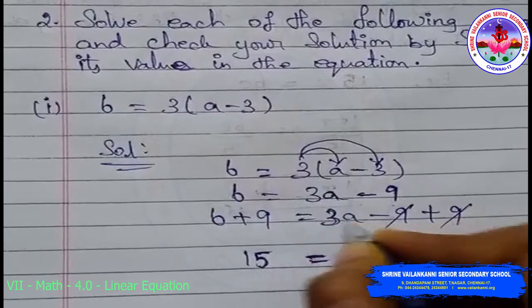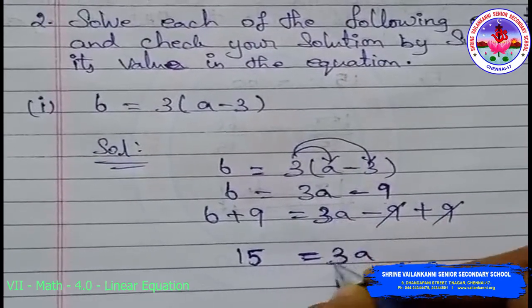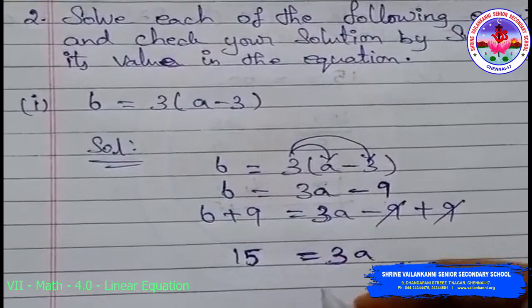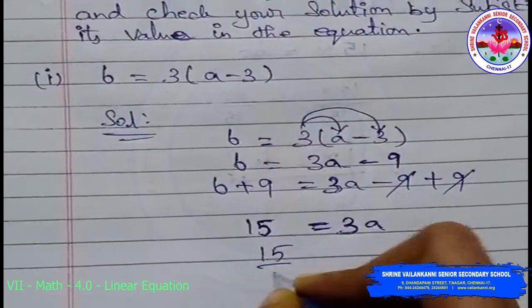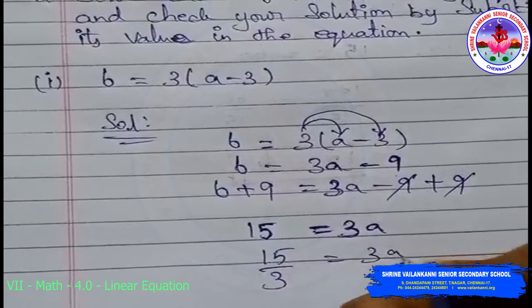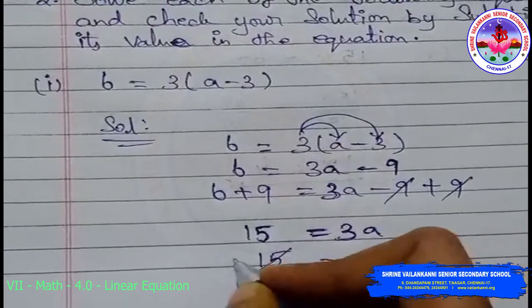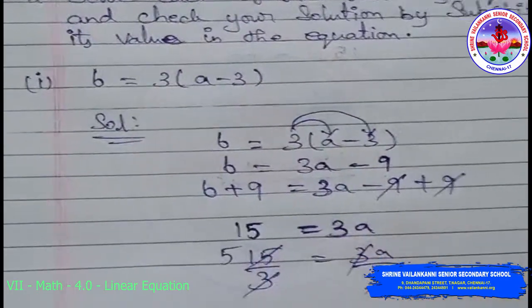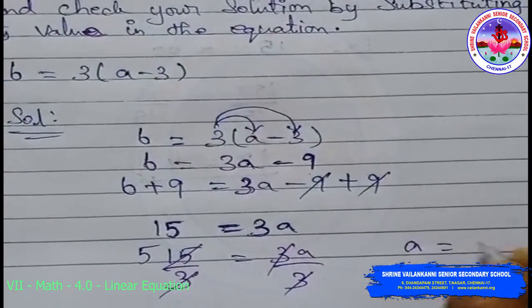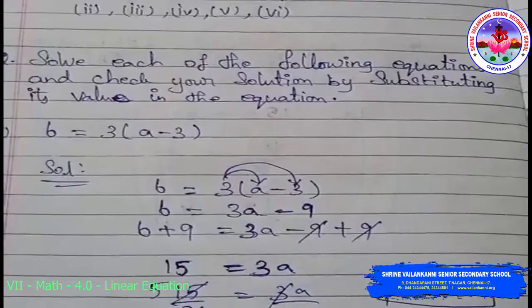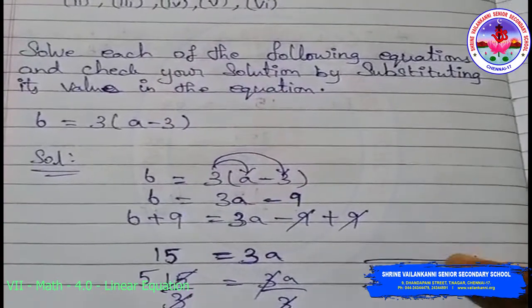Here 3a, so you can cancel out the 3 by dividing by 3 on both sides. 15 by 3 is equal to 3a by 3. 3 cancels. Here 5. So a is equal to 5. Finding the a value, here a is equal to 5.